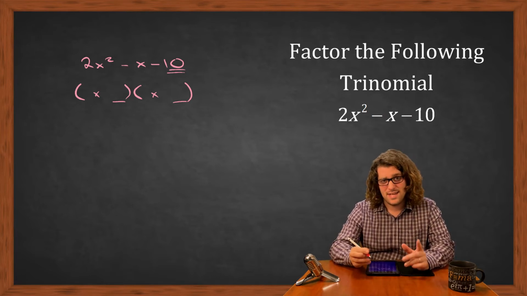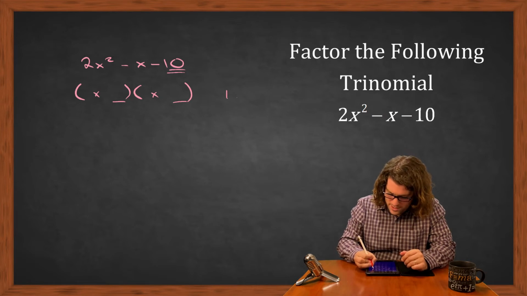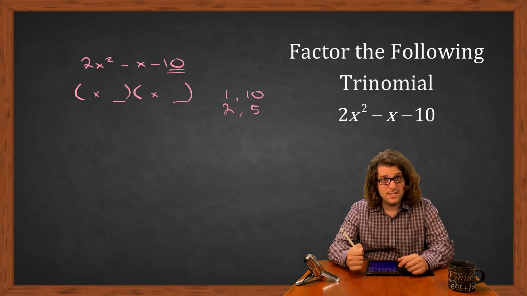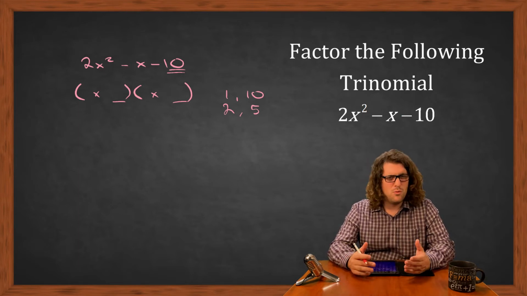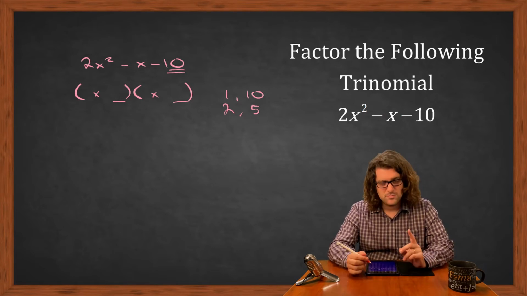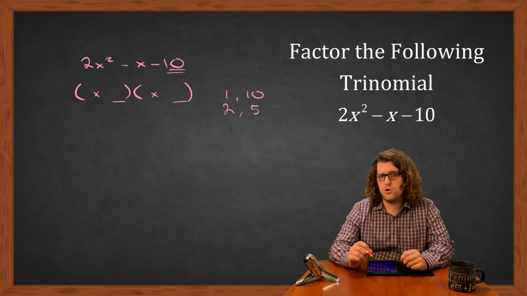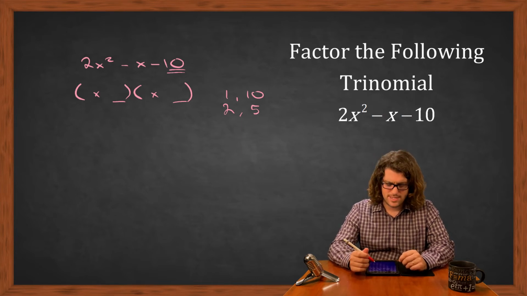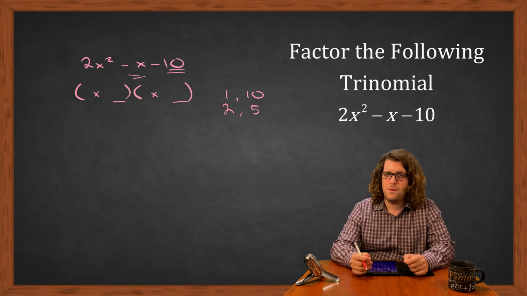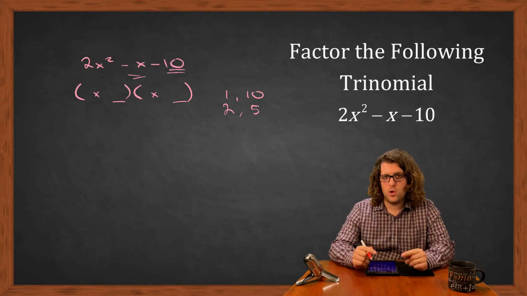So 10 factors: 1 and 10, 2 and 5. So I know that this is going to either be 1 and 10 or 2 and 5. Which one's where doesn't really matter. I'll fix everything else up accordingly. Now, I'm going to make another little leap of faith here and say, because the middle term is so small, I want my numbers to be close together.